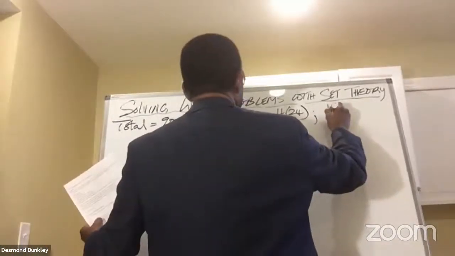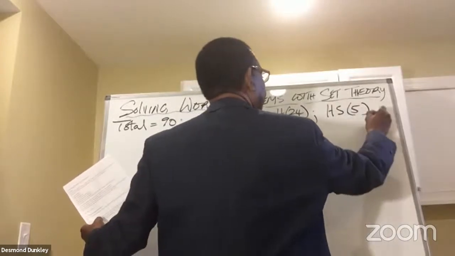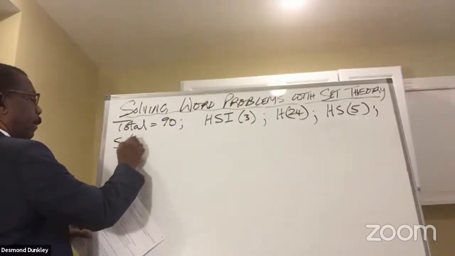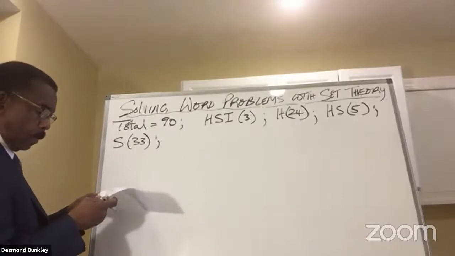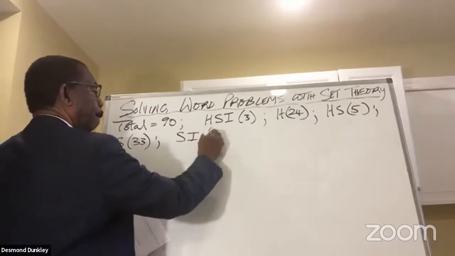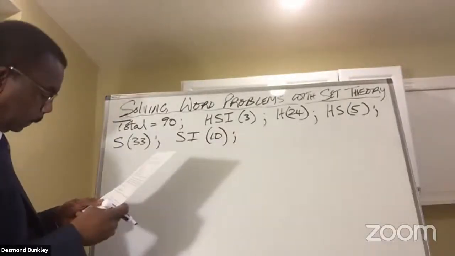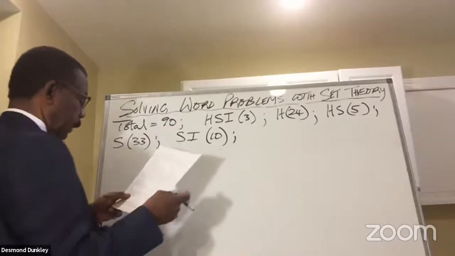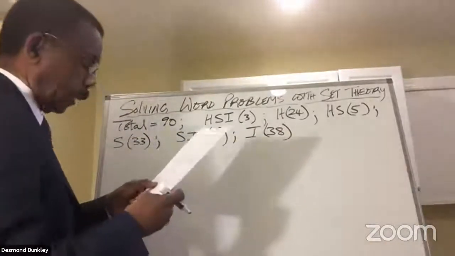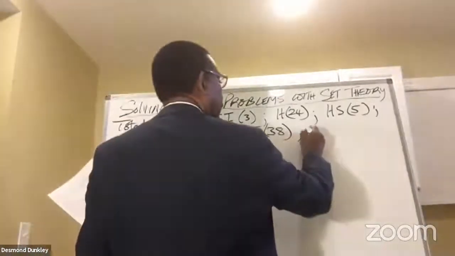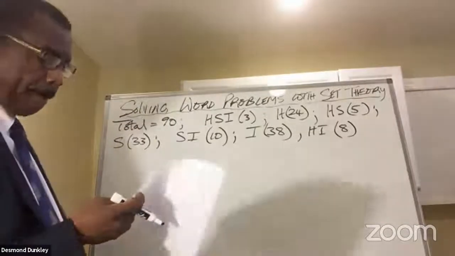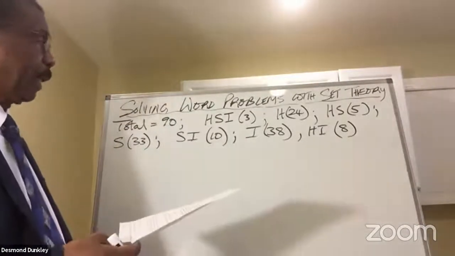So hamburger and soft drink, 5. 33 had soft drink. S. 10 had a soft drink and ice cream. S-I. 38 had ice cream, so I. 8 had a hamburger and ice cream, so H, I is 8. And what they want is how many had nothing.